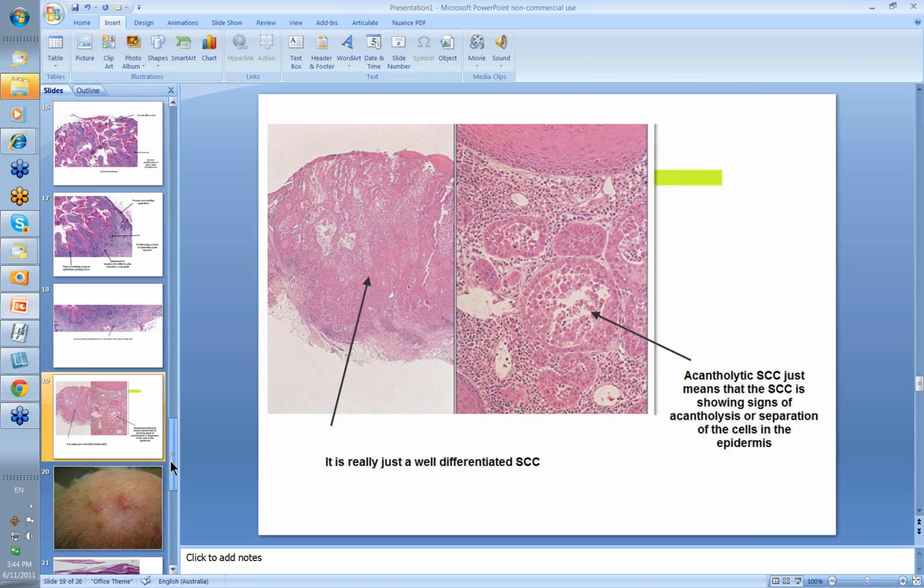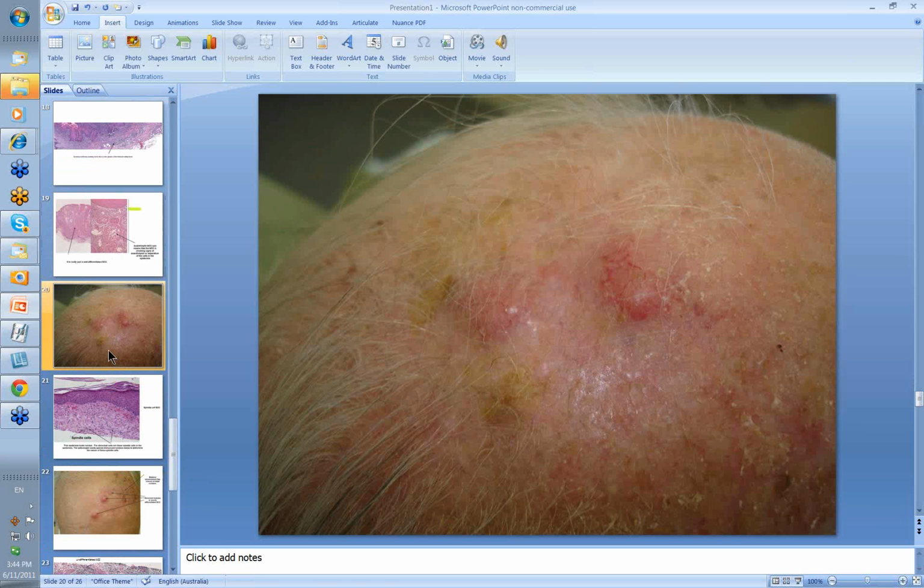Now, there are some other variants of SCC. This one: here you've got a bit of keratin on the surface, but not a lot. And these lesions have come up relatively suddenly. The sun-damaged scalp of elderly males is a fertile area for the development of SCCs.